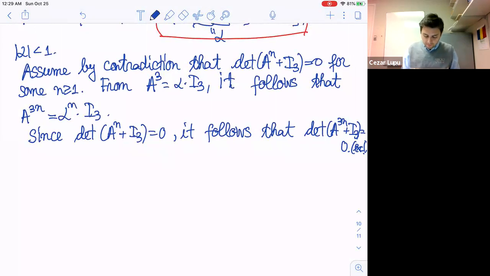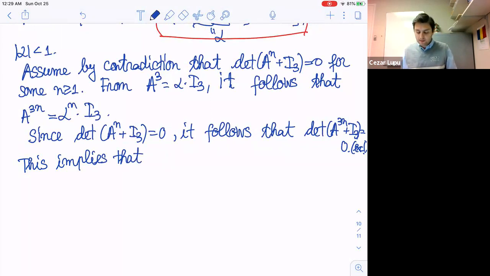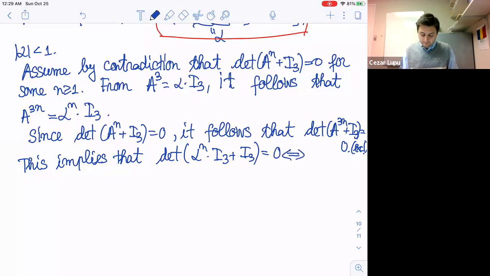3n, so this implies that the determinant of alpha to the n times the identity plus the identity is 0, which is equivalent with, let me do the computation, so you can factor: the determinant of alpha to the power n plus 1 times the identity.